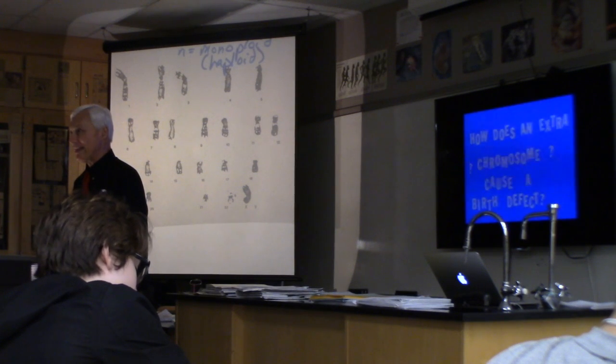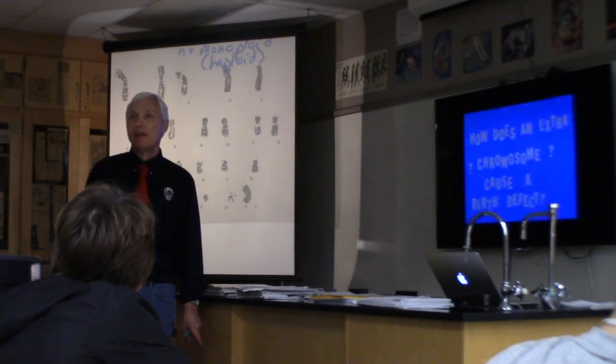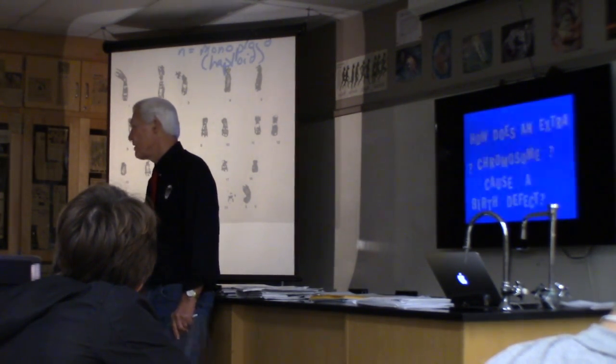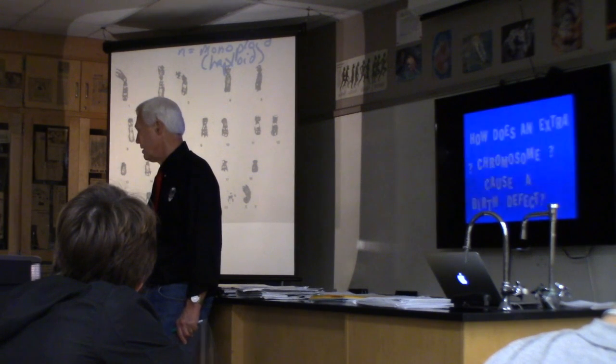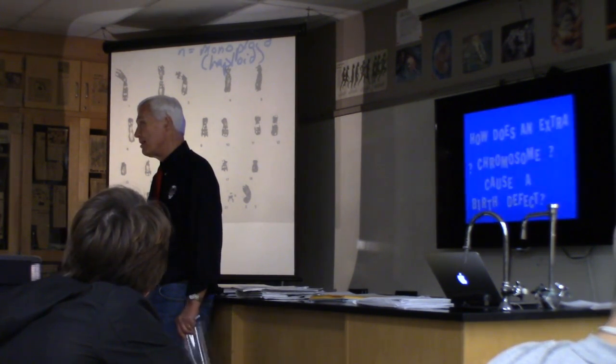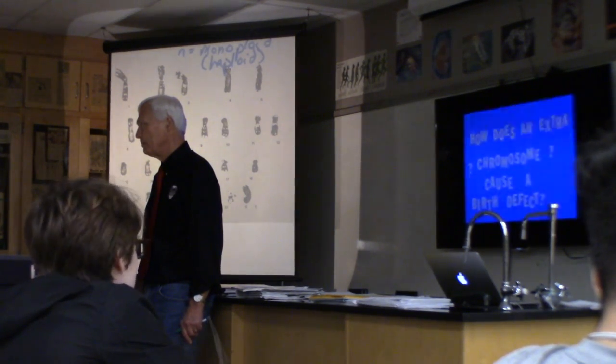Now there are some plants that have 5 sets of n, or 6 or 7 or 8 sets of n. And we call those polyploid. Have you ever heard that word, polyploid?